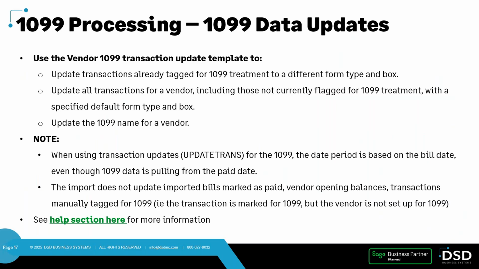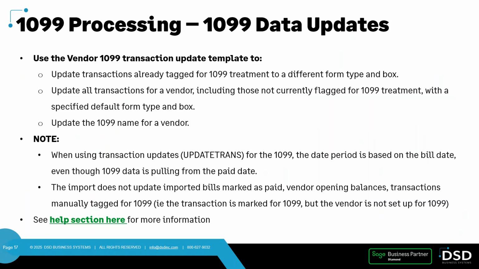It's going to update transactions that are already tagged for 1099 treatment to a different box or form type. So maybe that transaction was already marked as 1099able. It will update all transactions for a vendor to a default form type and box, and it will update the 1099 name for the vendor.